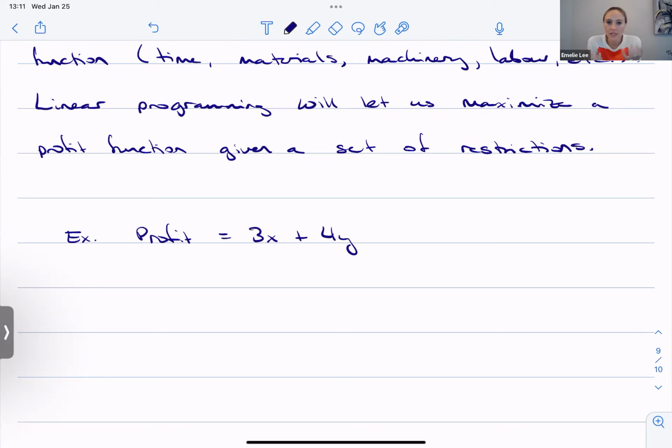So I'm allowed to take into account multiple variables. We're only going to look at 2, but I could have restrictions on time, materials, and the number of machines. It just depends on what x and y are. So in this case, maybe for example, this is time, and maybe this is the number of machines.